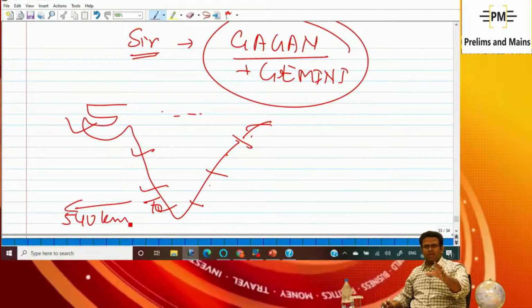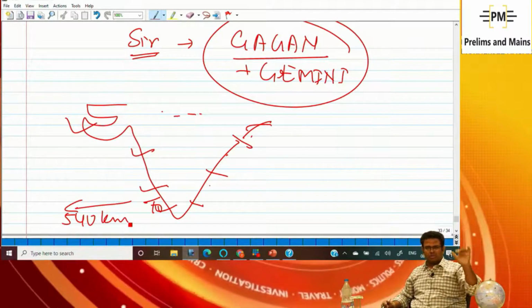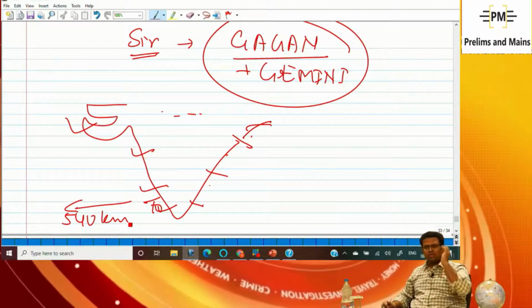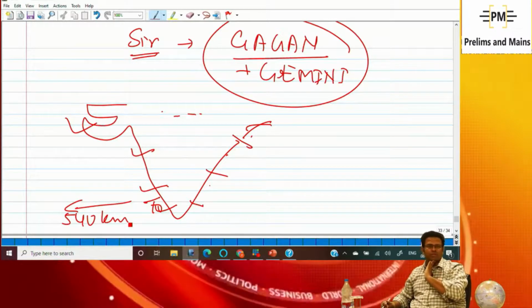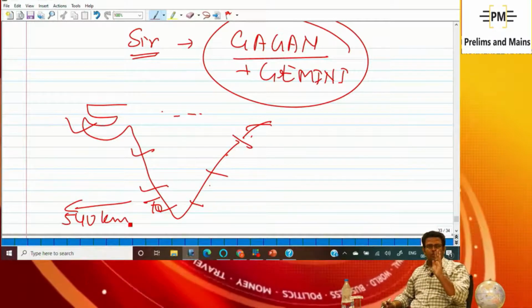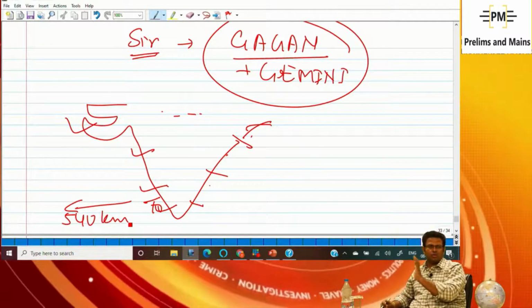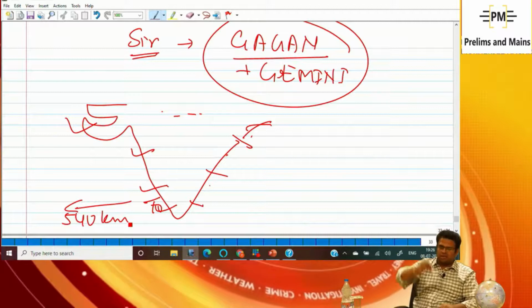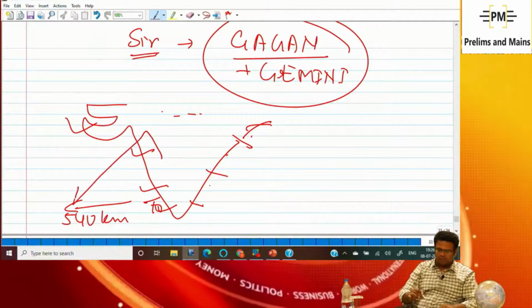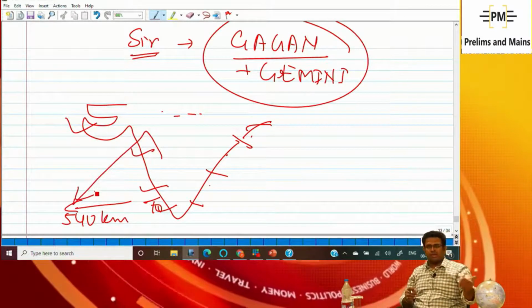Suppose a cyclone is about to reach and is moving fast toward this region, they can't get any information, because the phone cannot work beyond 10 to 12 kilometers in the ocean. So they will directly get information up to 540 kilometers from the satellite.